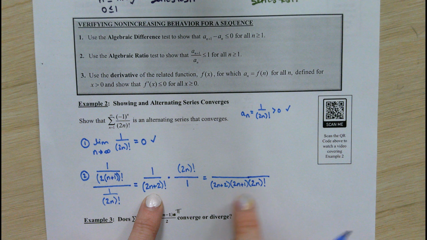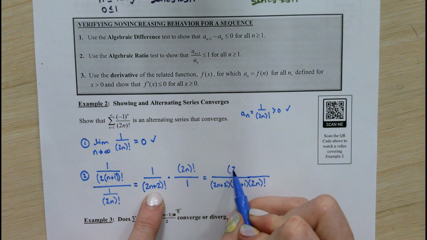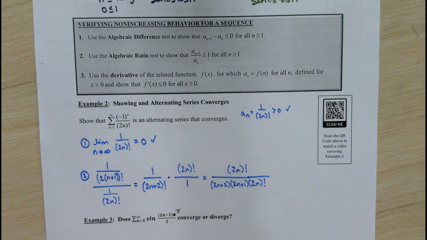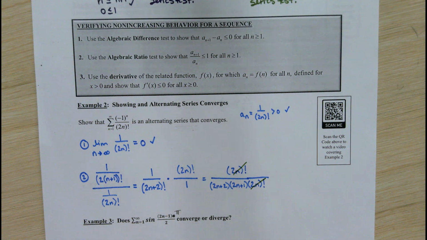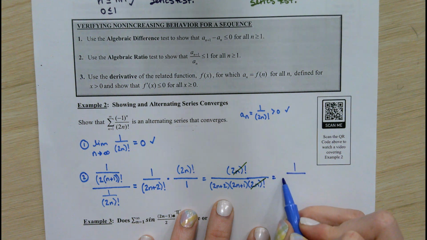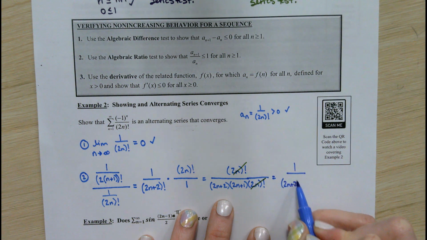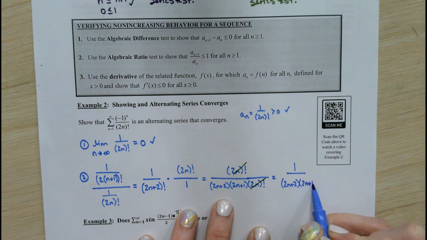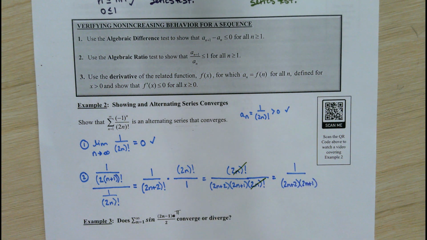So we kind of peeled off these first 2 terms from this factorial, which allows us to leave 2n factorial in the denominator, which then cancels with our 2n factorial in the numerator. And so what we're able to do is rewrite this ratio as 1 over 2n plus 2 times 2n plus 1. The factorials are gone.